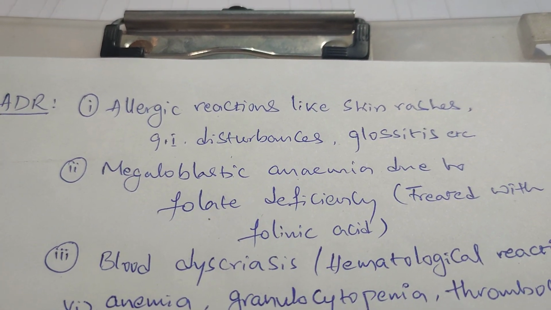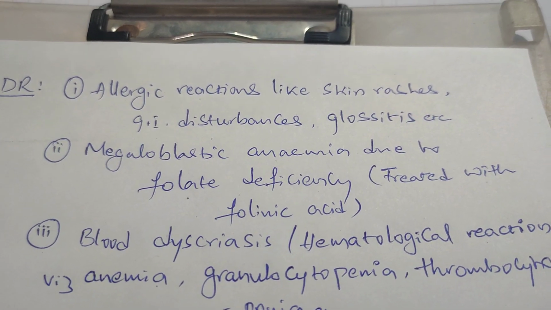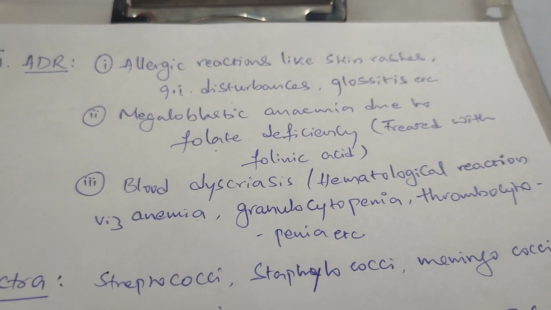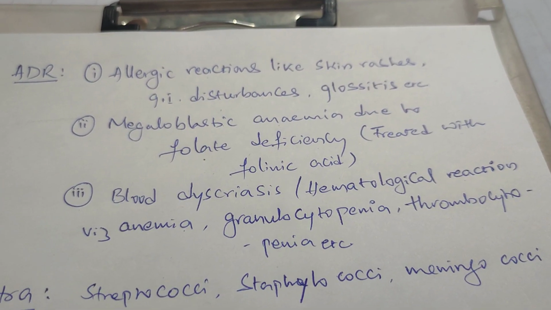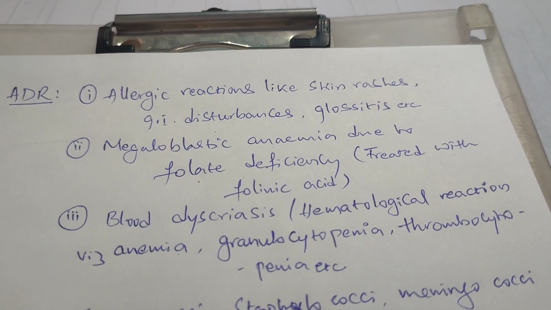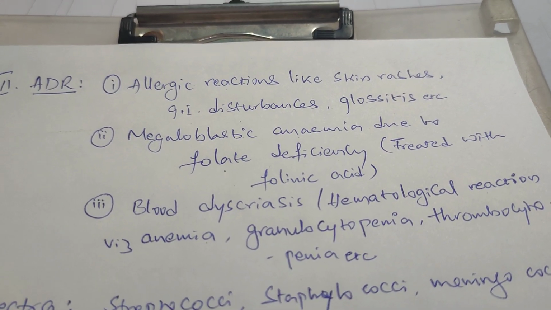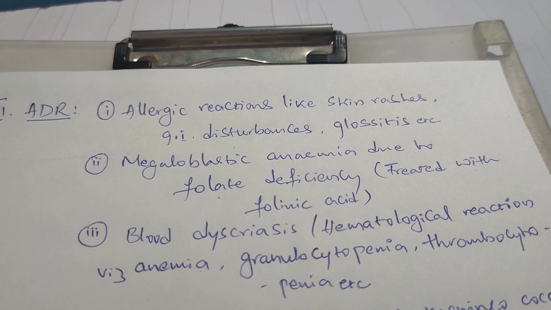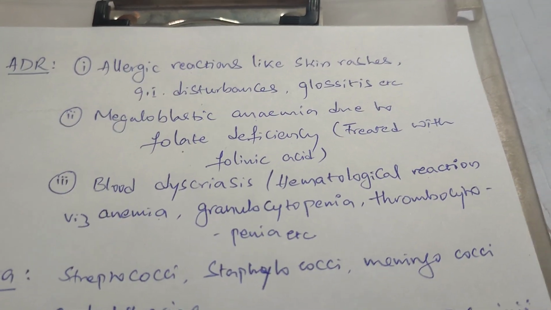You know what megaloblastic anemia is, and this side effect can be prevented by supplementing with folic acid preparations. Next, patients with glucose-6-phosphate dehydrogenase deficiency will exhibit blood dyscrasias or hematological reactions with this cotrimoxazole combination. This is characterized by reduced RBC count, anemia, and reduced neutrophil count, called granulocytopenia, then thrombocytopenia, a reduced platelet count.